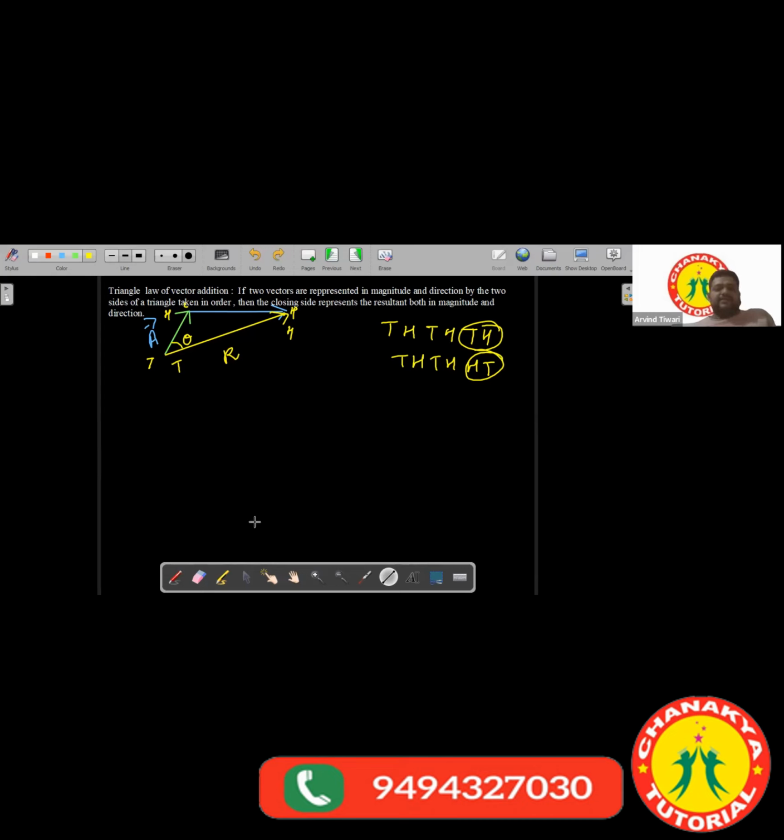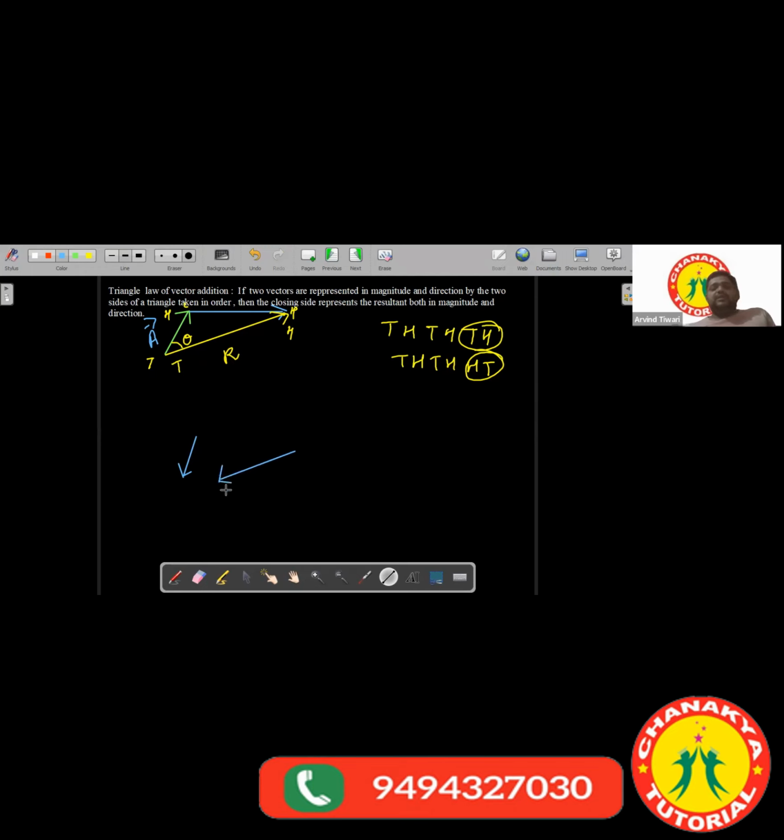Dhananjay also says yes. So see, I'm giving you a fresh example and we will again try to use the triangle law of vector addition and see where is the resultant vector. Suppose you have a vector A, and I give you a vector B acting like this.